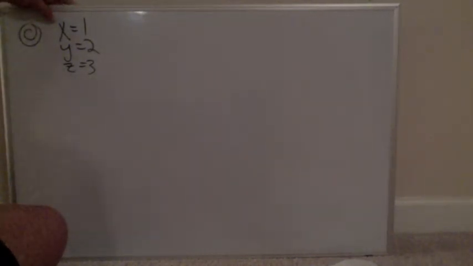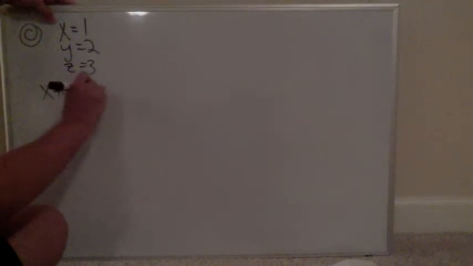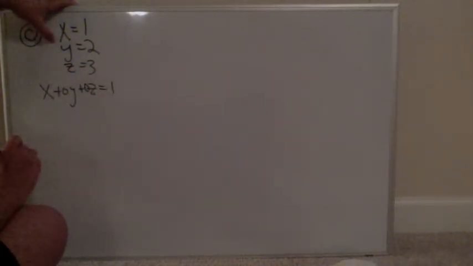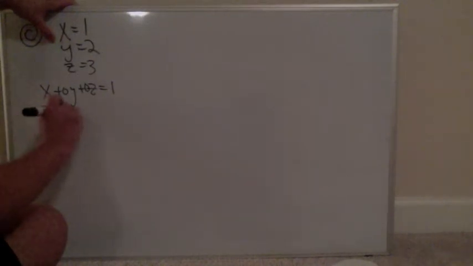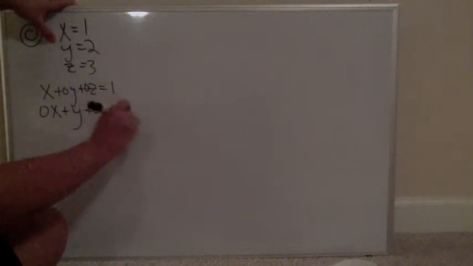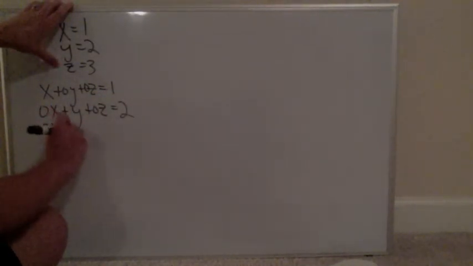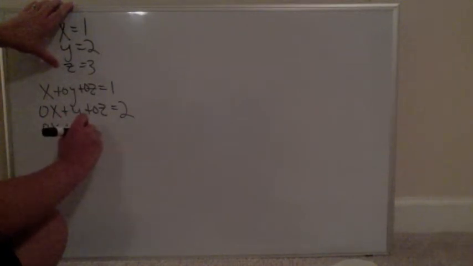So for this x equals 1, I have an x, but there's no y, there's no z, and that's equal to 1. For here, y equals 2. There's no x, there's 1 y, there's no z, and that's equal to 2. Down here, there's no x, there's no y.